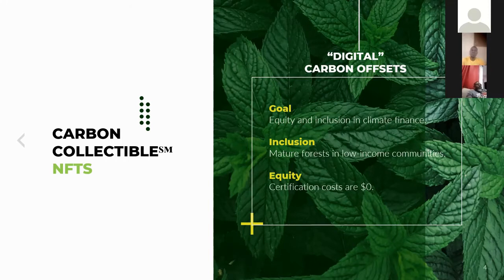For a traditional carbon offset, if you want to certify and go through one of the standard certification registries, this can easily cost you $750,000, $1 million or more. So even if these mature forests in emerging economies could qualify for traditional carbon offsets, they probably couldn't afford the certification costs.